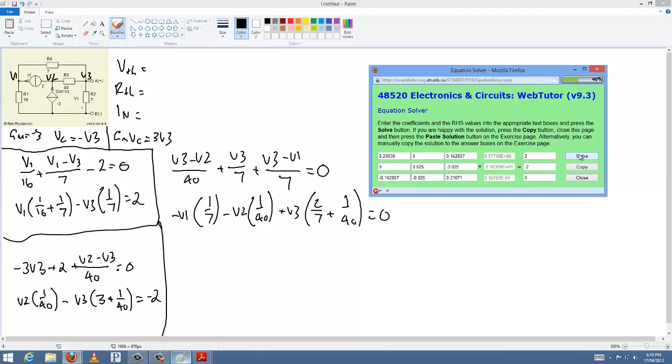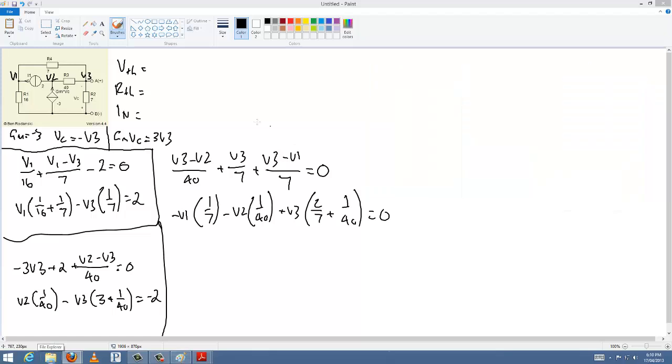Solving here, we get the value for V3 and also V Thevenin is 0.2327787.